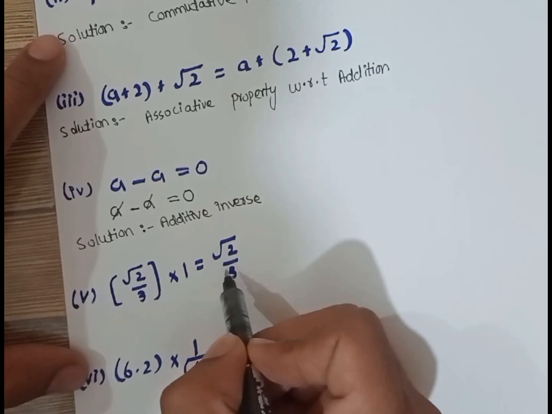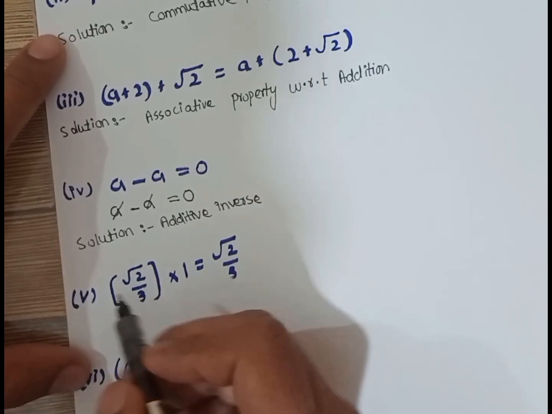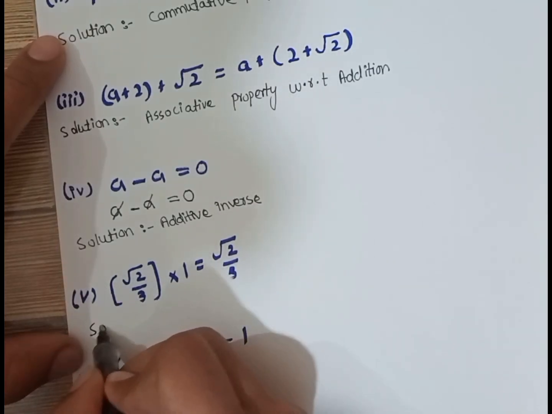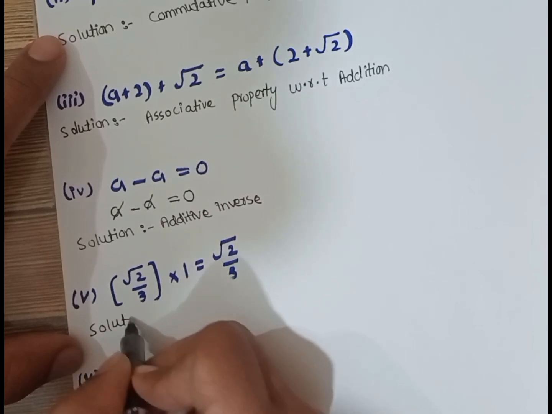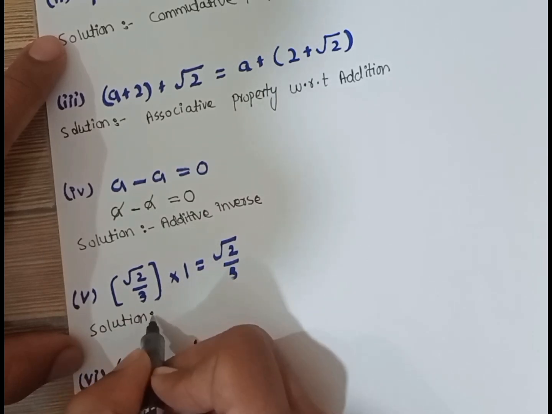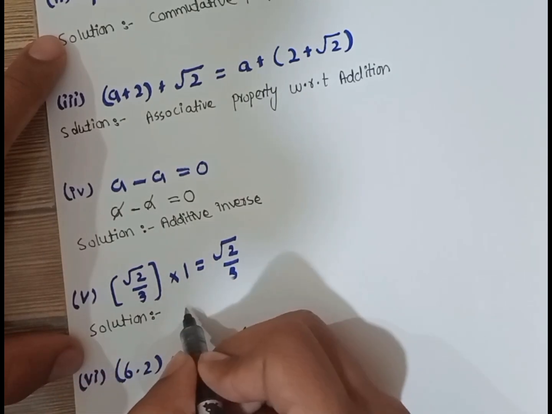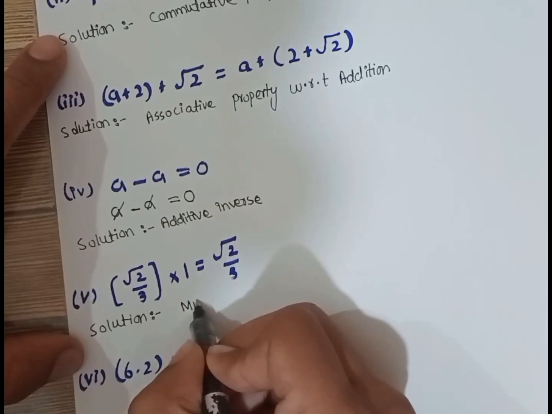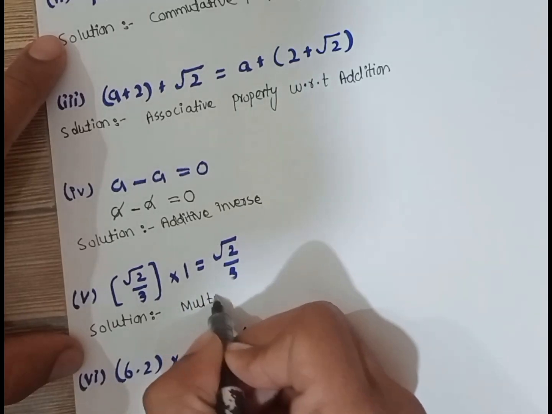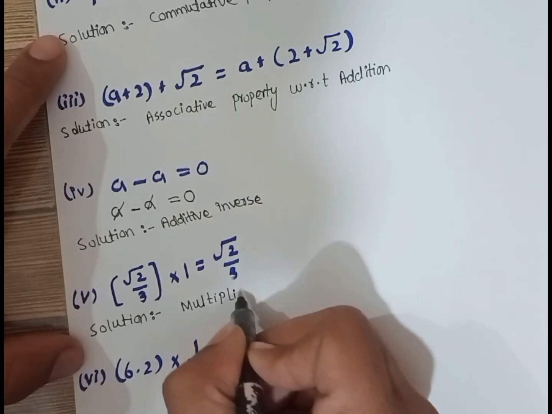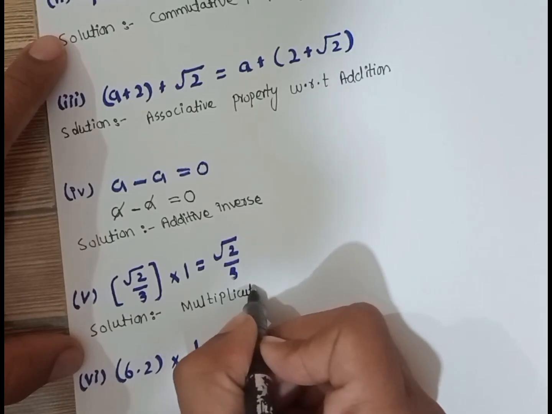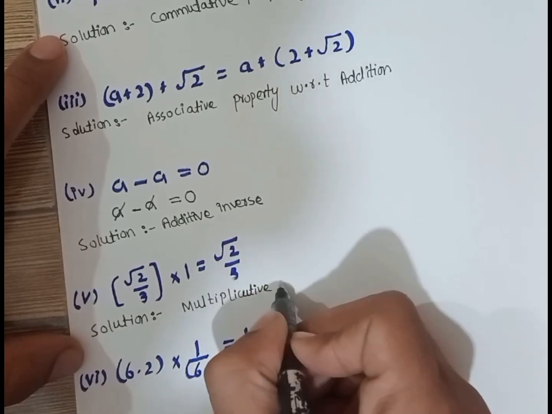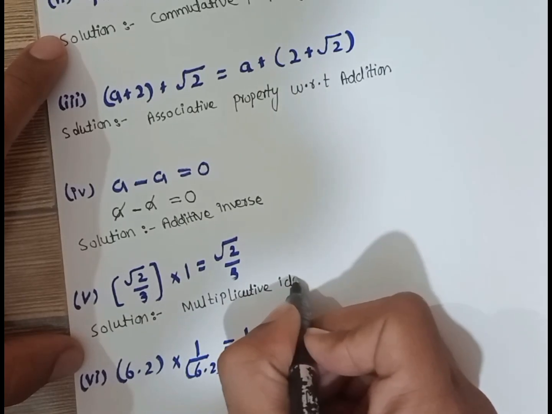It is not affecting the other number. So in the solution this will be called multiplicative identity.